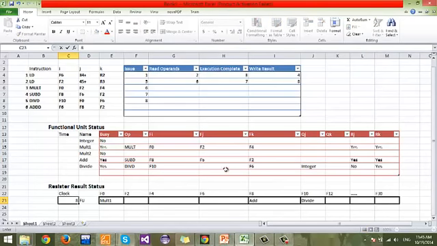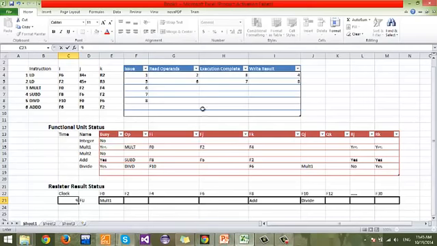Yes, this one is also defined. Sorry, F0 is dependent on mult1, so this one is not yet available. It's fine. So we are now free to move to clock cycle 9.